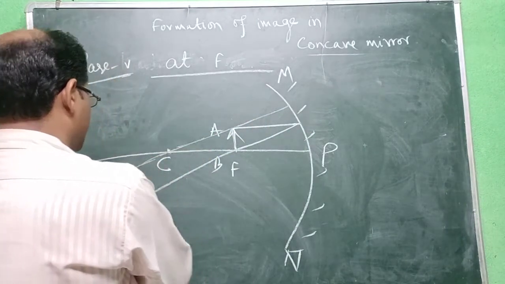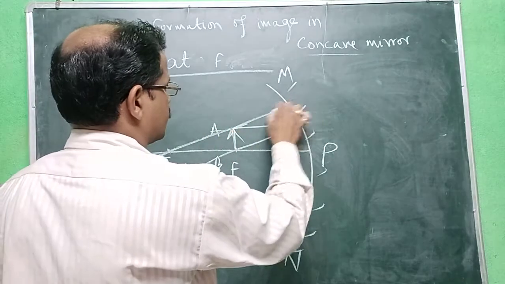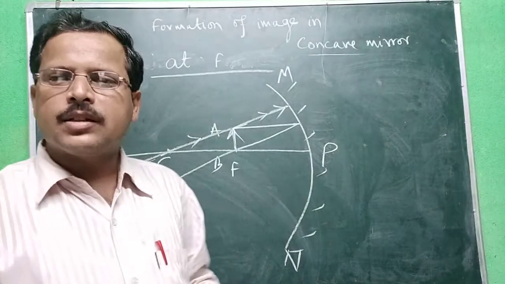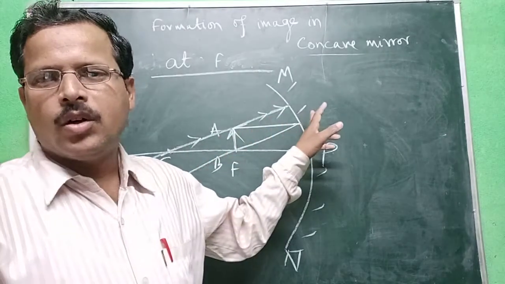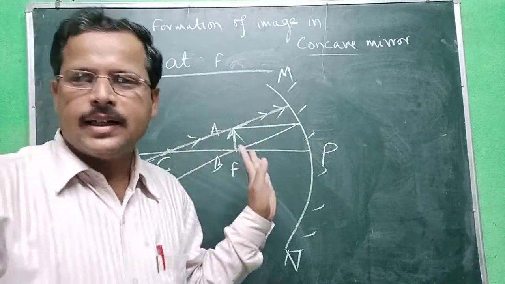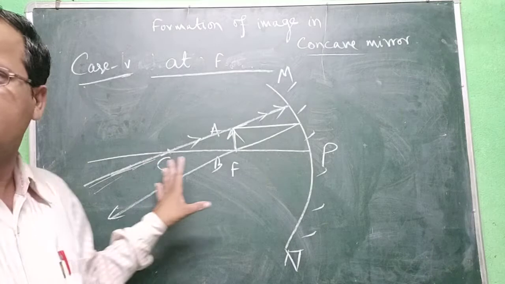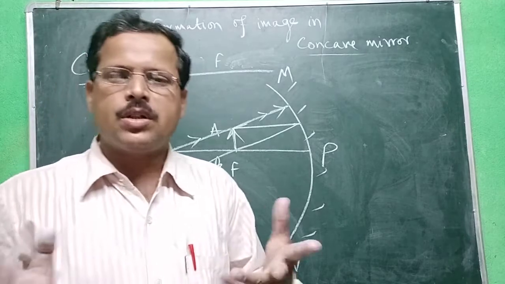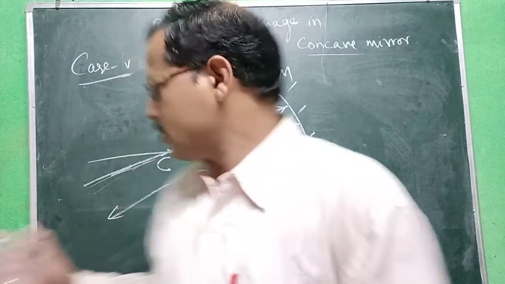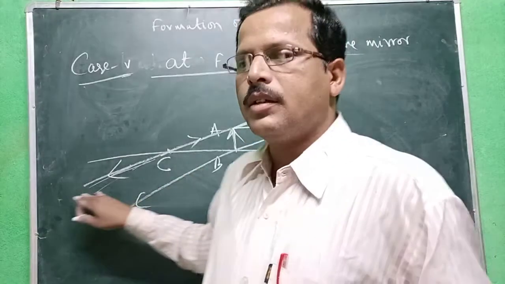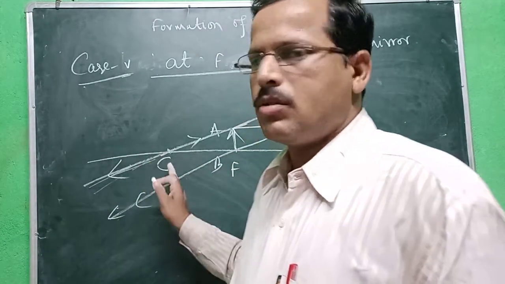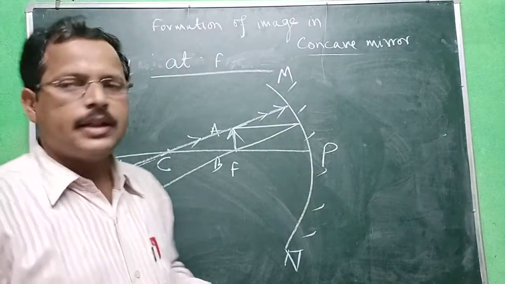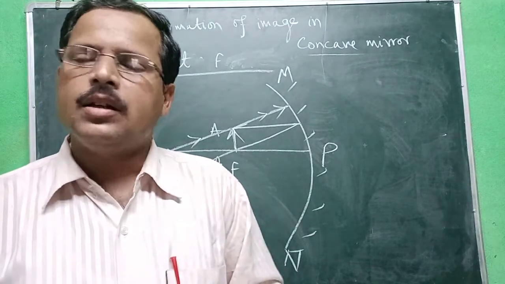A ray passing through the center of curvature will be reflected back on the same path, and here though they look parallel, exactly they will meet at infinity. The position of the image will be at infinity. Look, the two reflected rays meet at infinity, so the image will be produced at infinity, a very large size image, and real and inverted.